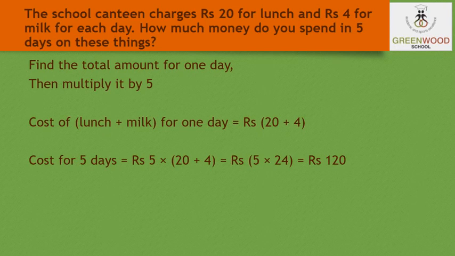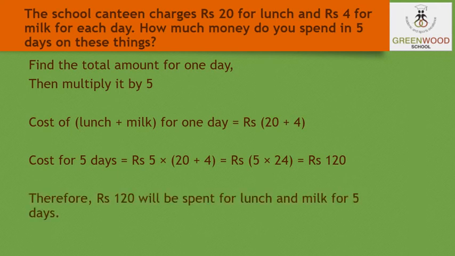Now, if I want to find the cost of 5 days, that would be costing 5 into 24, 5 days and 24 rupees per day. That is 24 5s are 120 rupees. Therefore, we can say that 120 rupees will be spent for lunch and milk for 5 days.